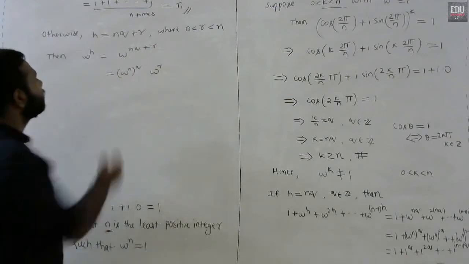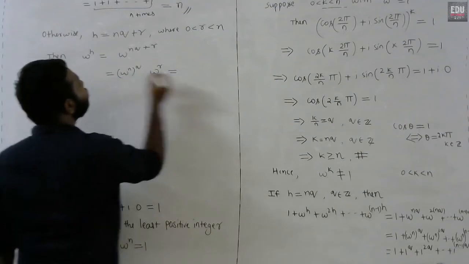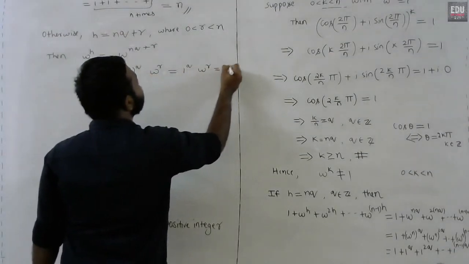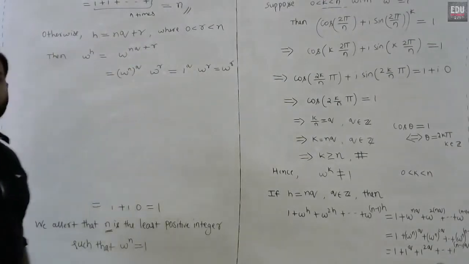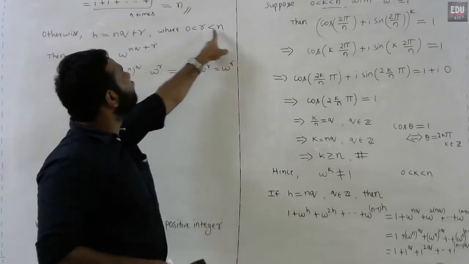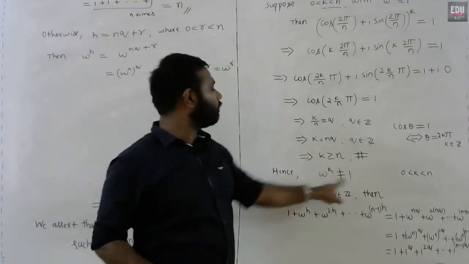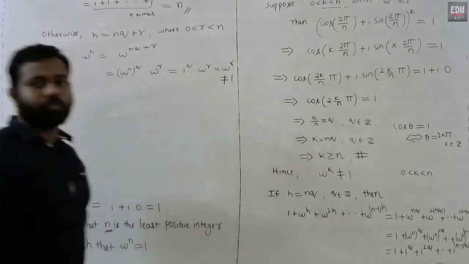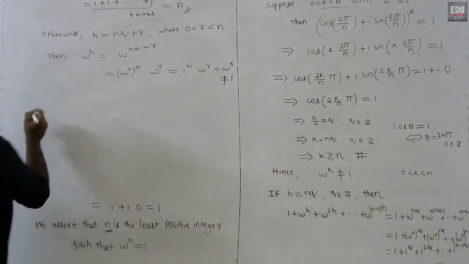So omega power n is 1, so 1 power q into omega power r, so it is just omega power r. And as r is a positive integer less than n, it cannot be equal to 1. So this value cannot be equal to 1.